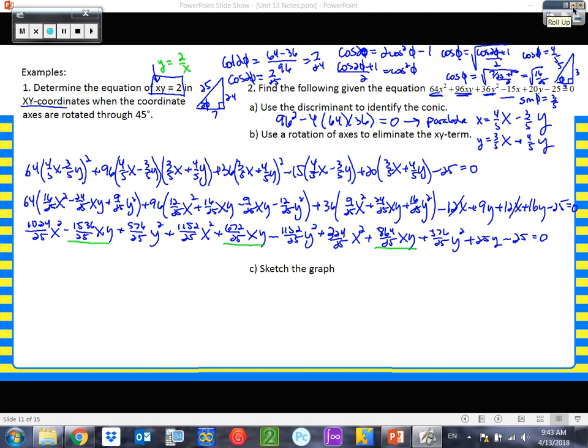I'm not going to do each one just for time's sake. I'm going to tell you what you get when you combine like terms: 2500/25 x squared plus 25y minus 25 equals 0. Wow.